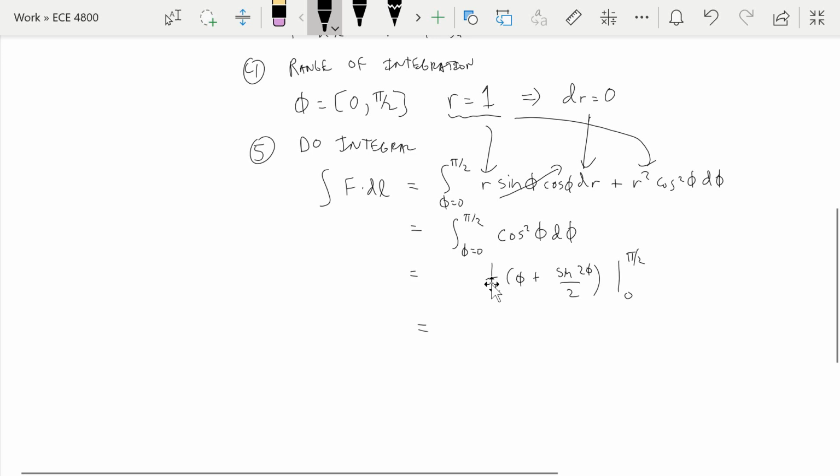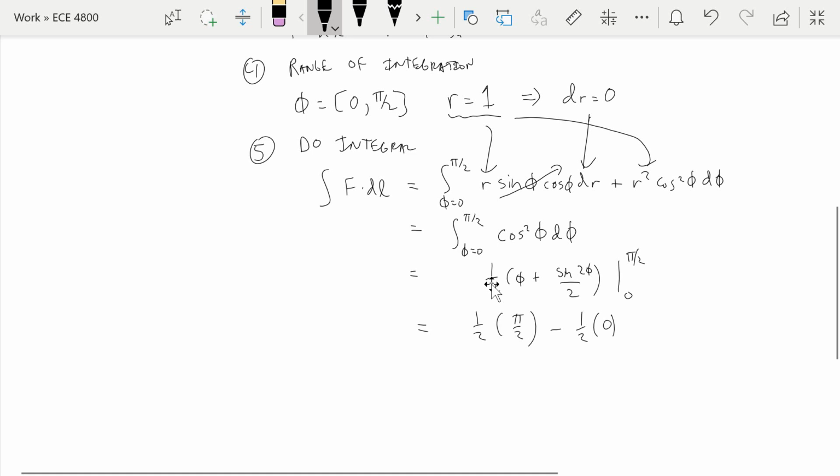Okay, and then this comes out to 1/2 times pi over 2. This term, the sine of 2 times pi over 2, has become sine of pi, which is 0. And then you subtract out 1/2, and you substitute in 0 here.